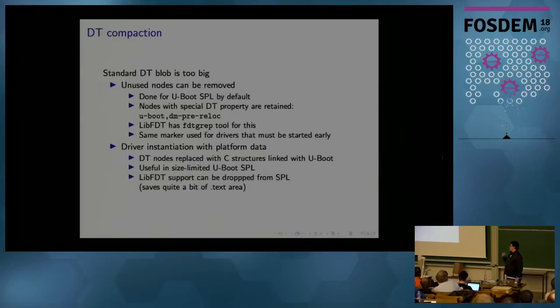Otherwise, it will strip out all the nodes which do not have this property to reduce the size of the blob. If having the device tree support in SPL is still too much for you, you can remove it completely and just use platform data from your board file in the SPL. The lookup is quite fast, so this will save you some size in the SPL.